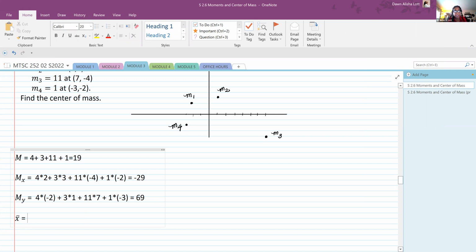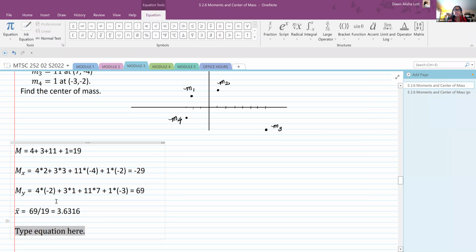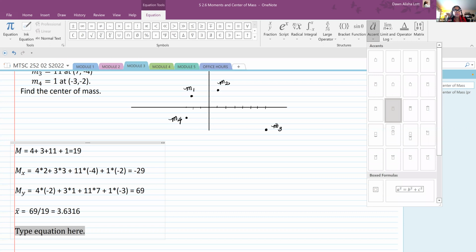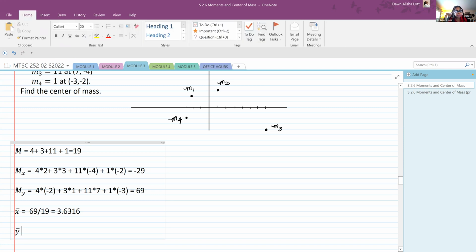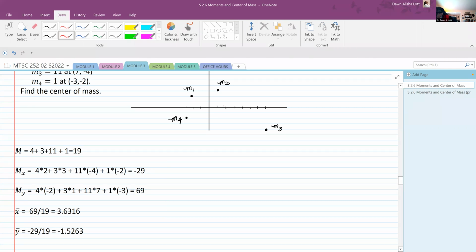Okay, so now we can say that x bar is going to equal My divided by M, and y bar is going to equal -29 divided by M. So therefore, my center of mass is roughly around 3.6, so somewhere around 3.6, -1.5-ish.